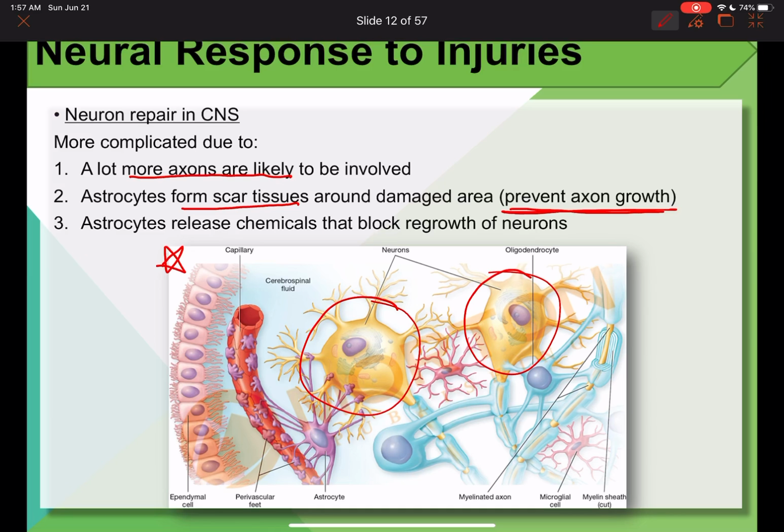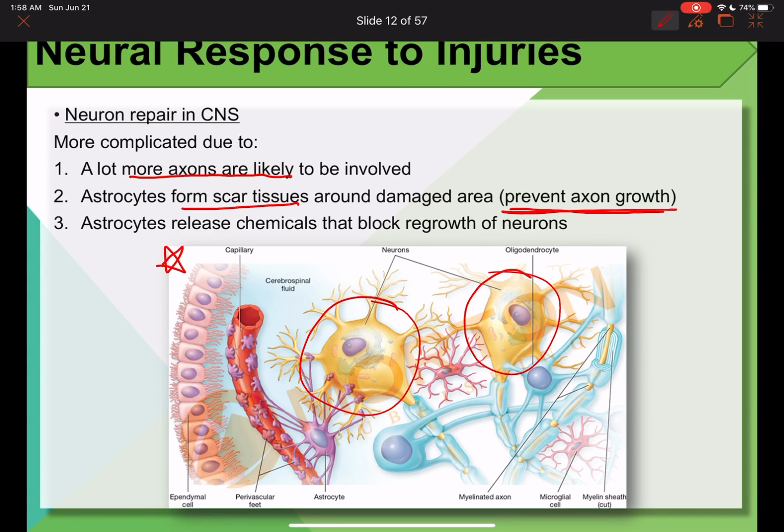So sometimes in the central nervous system it's better not to have random axon growth, to prevent it from making connections that it is not supposed to make, okay? Maybe it's better that way to lose that one neuron, lose that tiny part of your sensation, than to lose everything that's part of that function around that area and disrupt everything else, because now you're making connections with all these neurons you're not supposed to be connecting to.